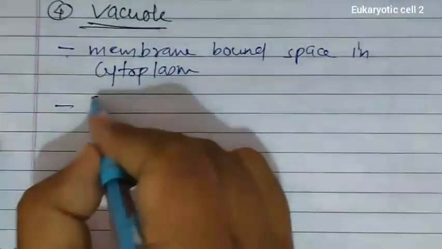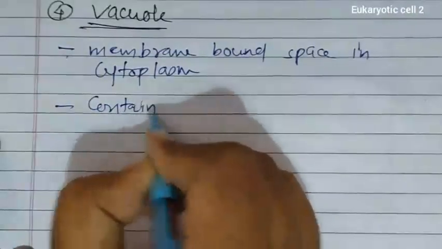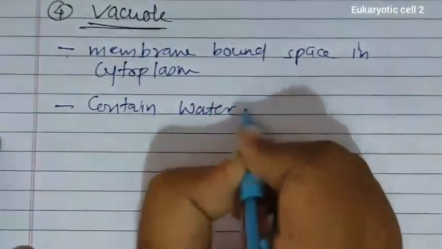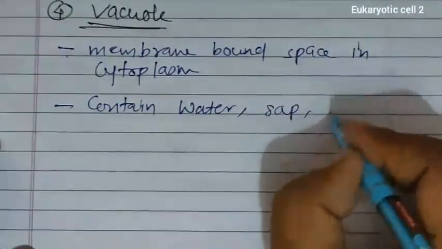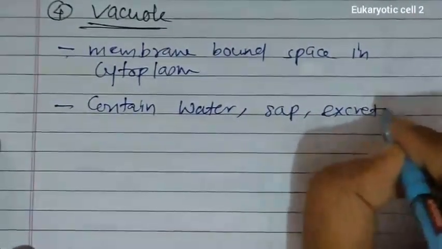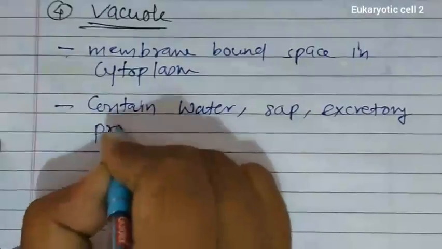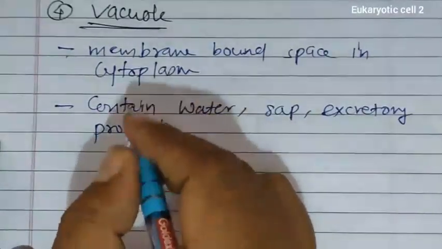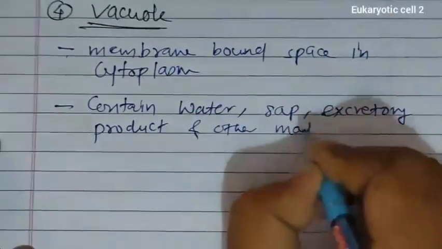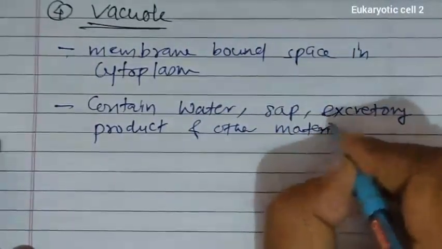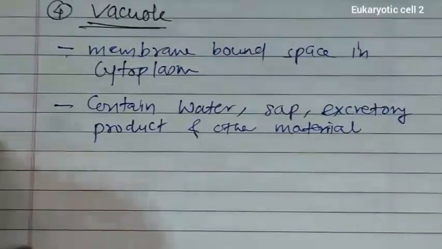It contains water, sap, excretory product, and other material which are not useful for the cell.